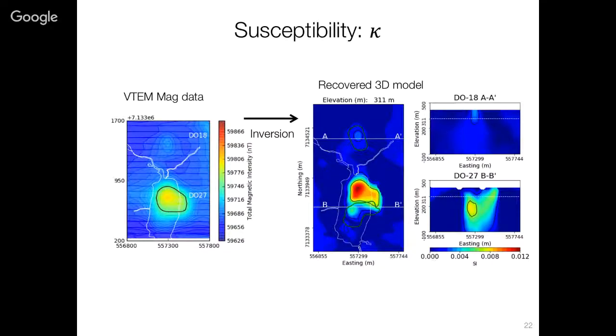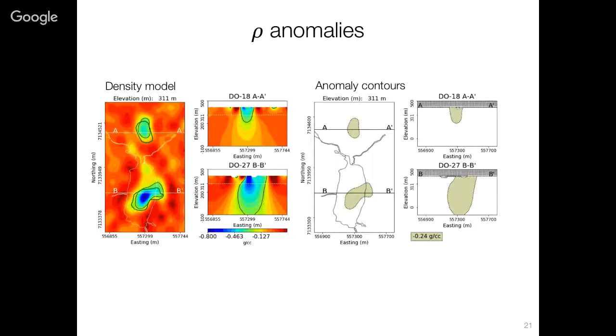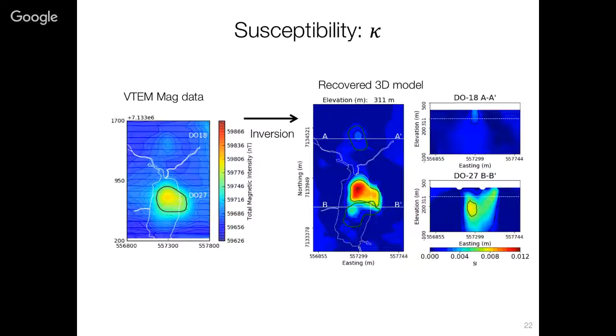Susceptibility kappa. Here's the mag. We invert that and we get something that looks like this. So if we go back here, here was the gravity, the low gravity. If we look here, here's that gravity shell, but the magnetic susceptibility is north of that, so it's sitting up here.